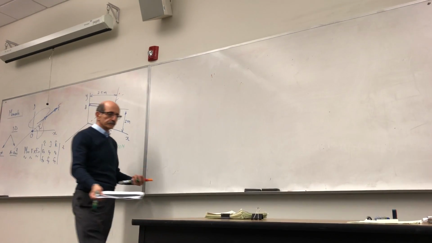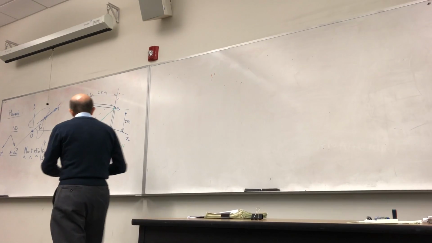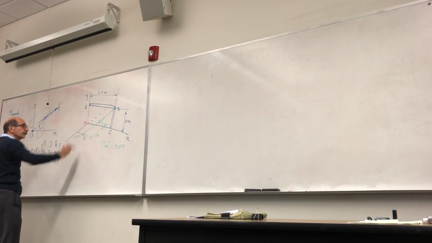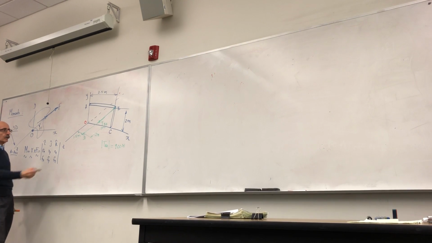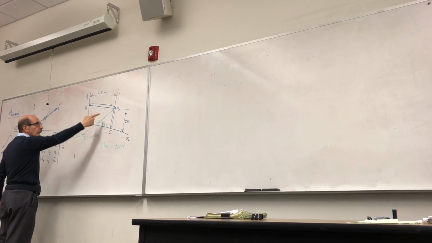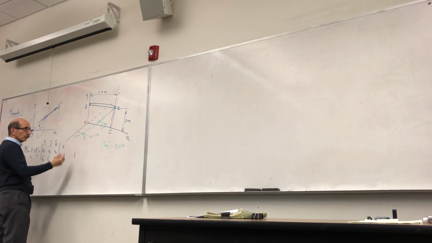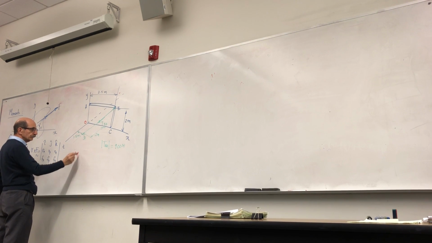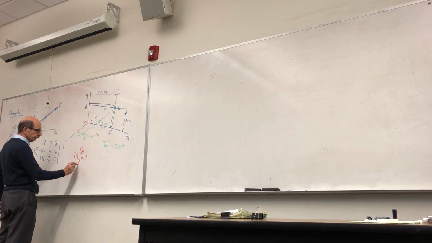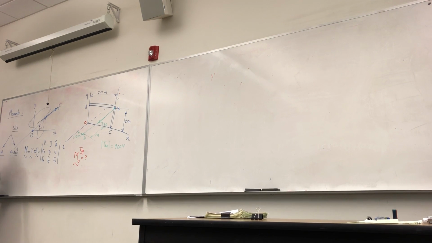What you want to find is, if this point is O, what is the rotation that this force causes about point O, or the moment of this force T_BD about point O. That's what you want to find, okay?